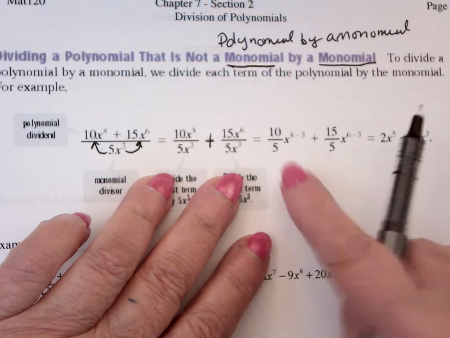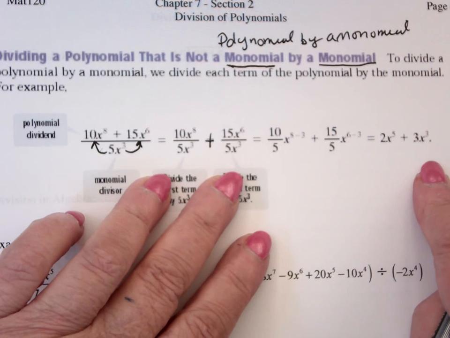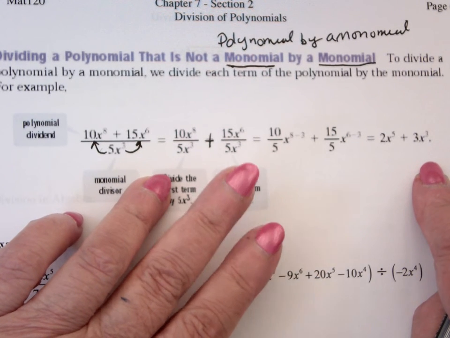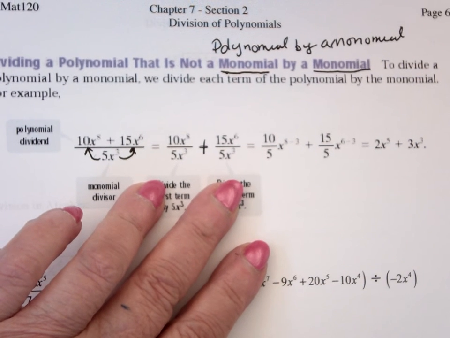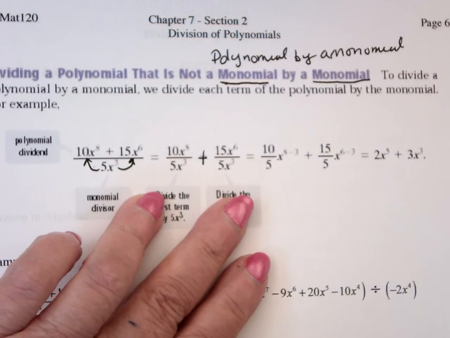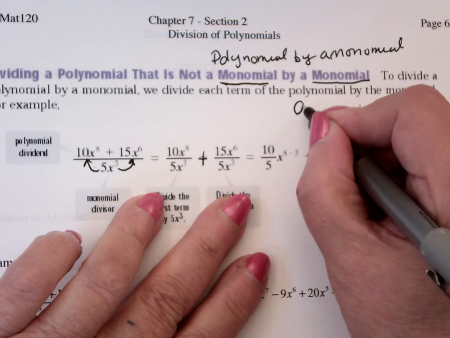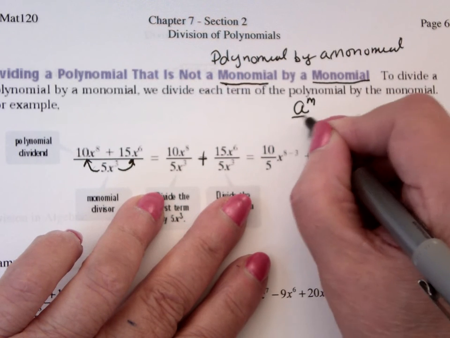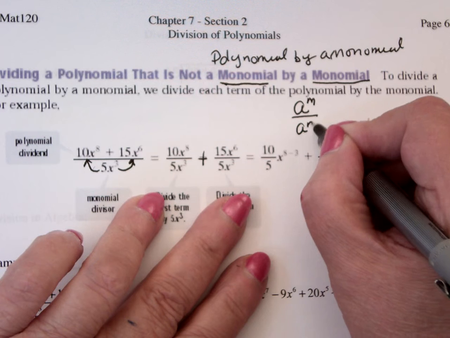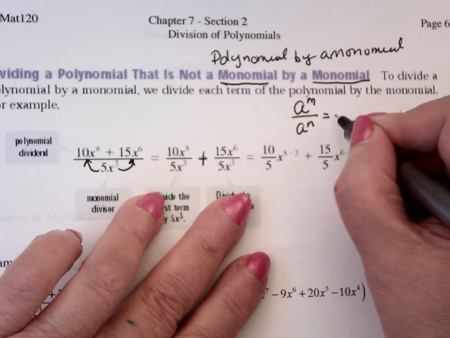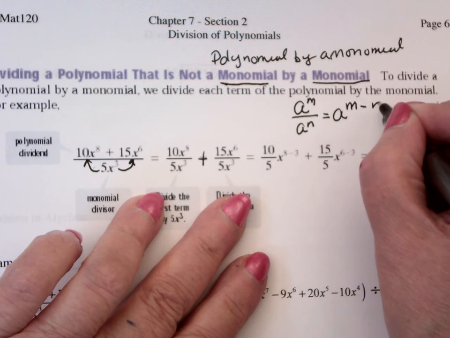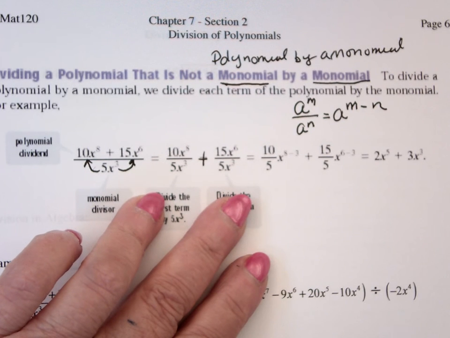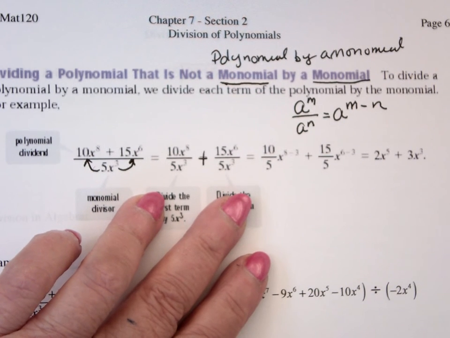Now what your book does in this example, and you can do it more than one way, is it uses the property of exponents. The property of exponents it's using says if you have a to the m divided by a to the n, if the bases are the same, then you subtract the exponents. For some of us, we're just used to canceling.